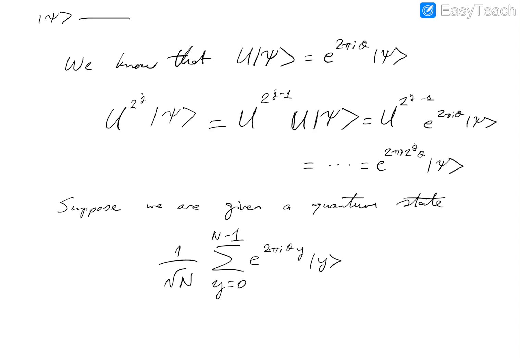And we assume that theta is a real number between 0 and 1, and also for convenience assume that N is equal to 2 to the n for some natural number n, small n.